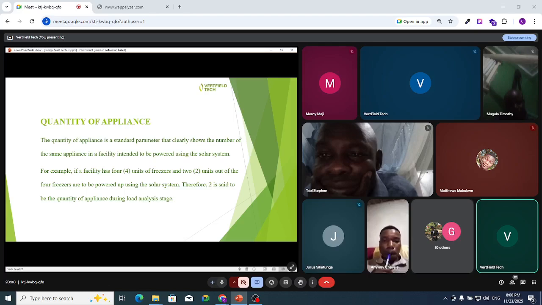Is it possible? Yes, it is very possible. However, when designing the solar system, you will only take into consideration 2 freezers and not 4. I hope it is very clear.